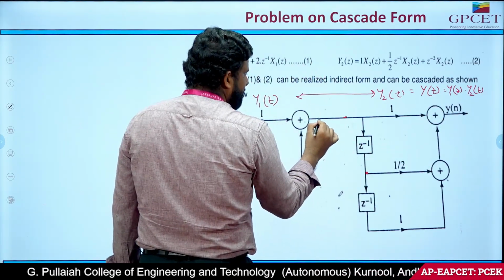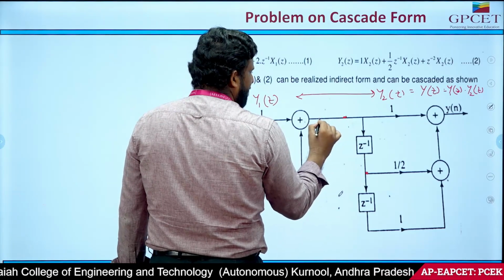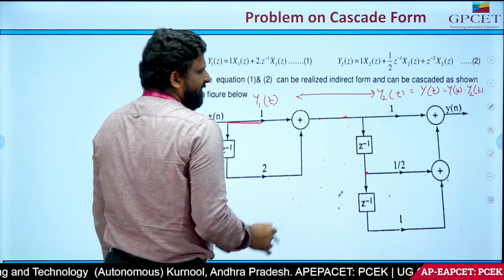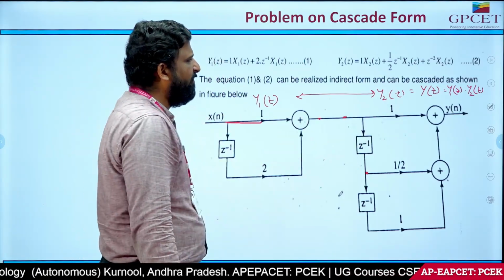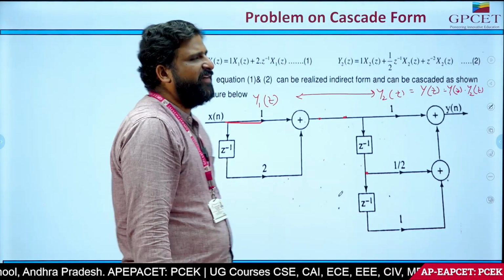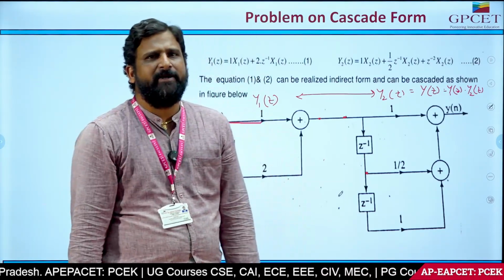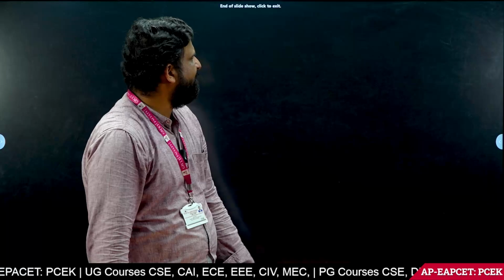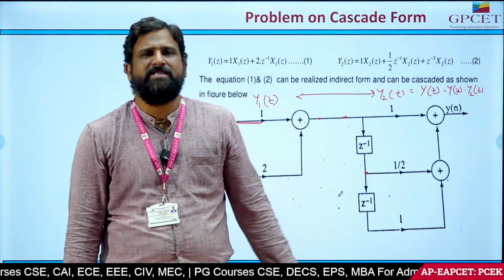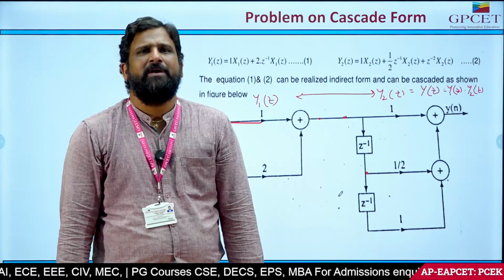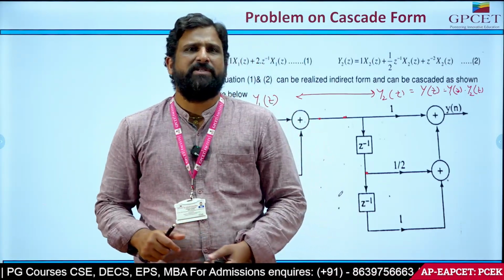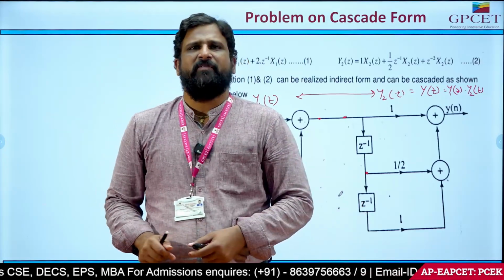So we have connected these two things. That's why it is converted from direct form to cascade form, that is Y1 of z into Y2 of z. So like this, we are going to draw the FIR filter, or design the FIR filter, with the help of the direct form as well as the cascade form. So I think it is very clear how this realization is going to happen, how the FIR filter is going to be realized with the help of two things, which are direct form and cascade form.